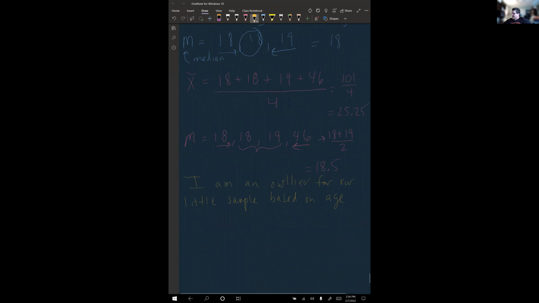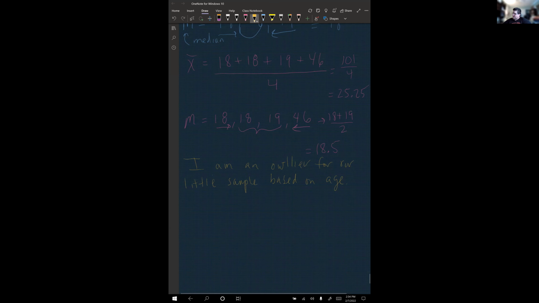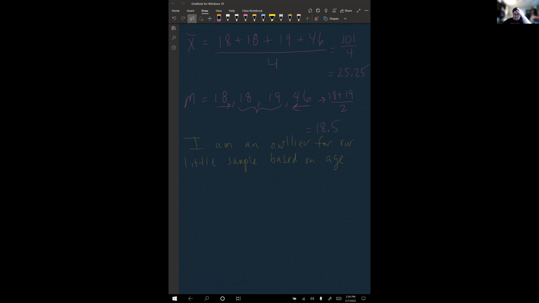And it had a huge impact, because 7's almost half, right? 9 would be half. So going 7 is almost half. It had a big impact on the mean, but very little impact on the median.